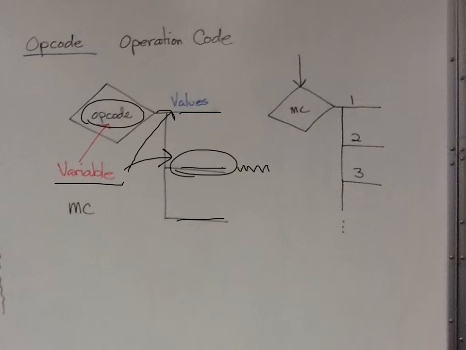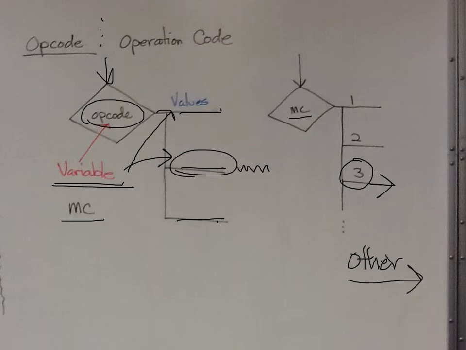So here we have some type of variable containing a value; if MC contains 3, then it's going to go here and execute this information. You have to have a variable there, and from somewhere previously, that variable has to obtain a value, and that value needs to occur over here. If it doesn't occur, then it'll do the other, whatever you have programmed to do there.